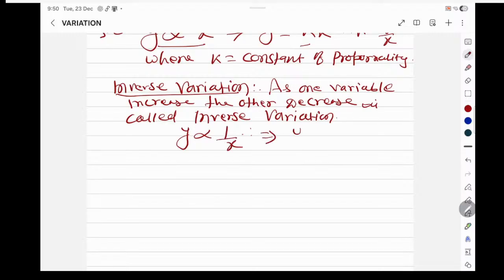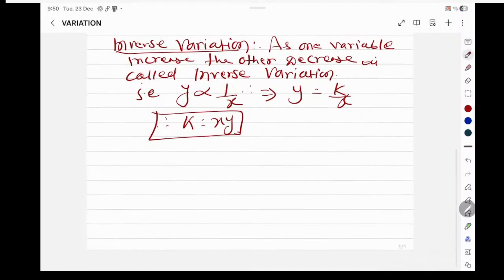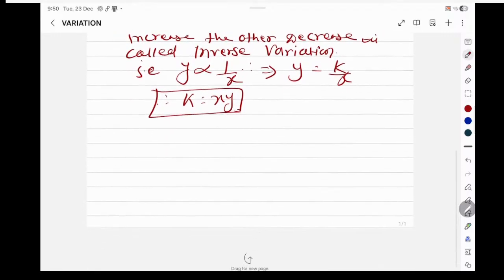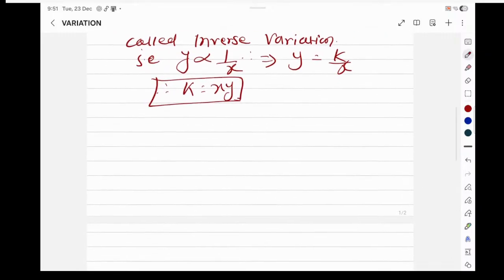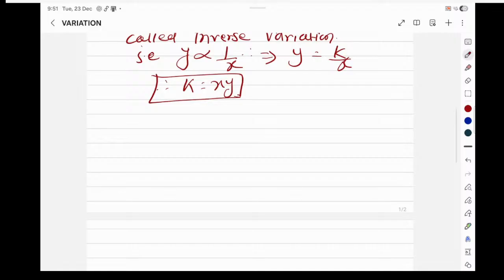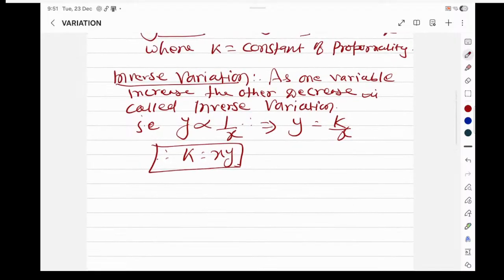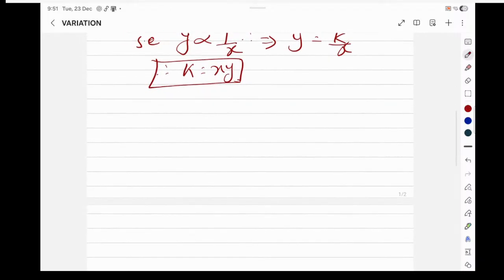That means y is equal to k over x, so k is equal to x times y. This is inverse proportionality. So you always multiply. Got my point? So this is called inverse variation.